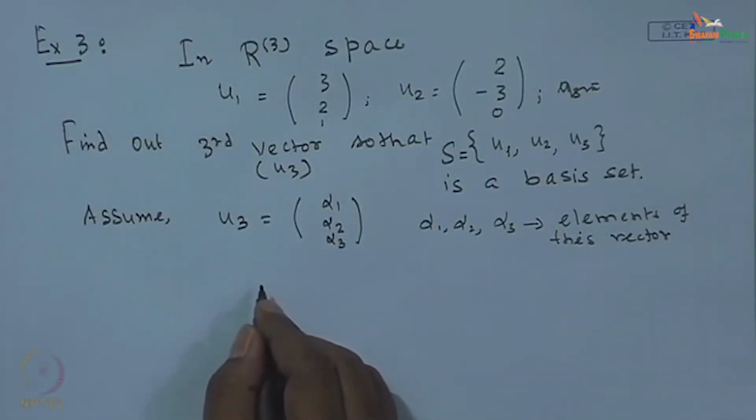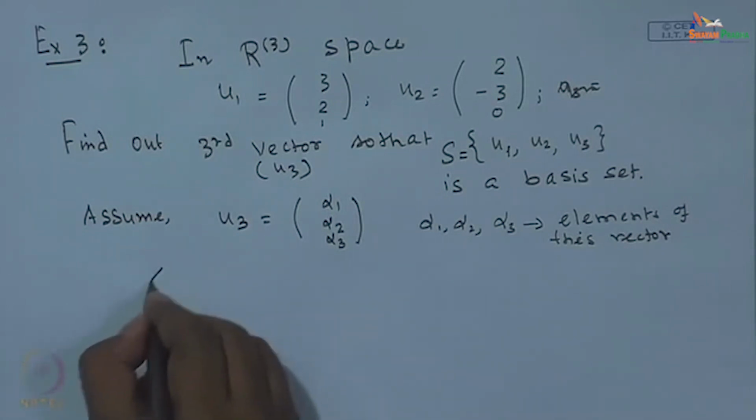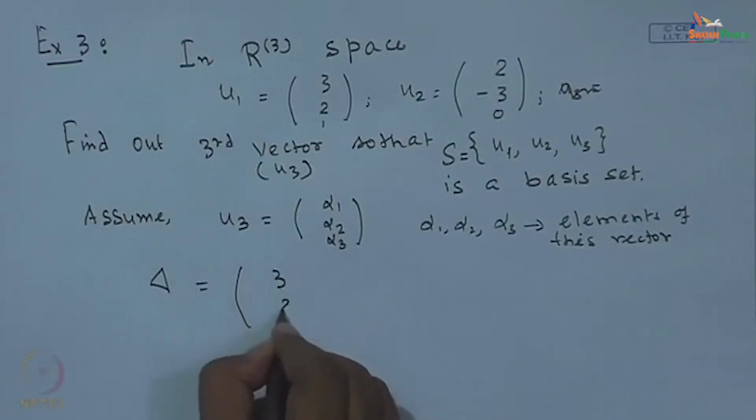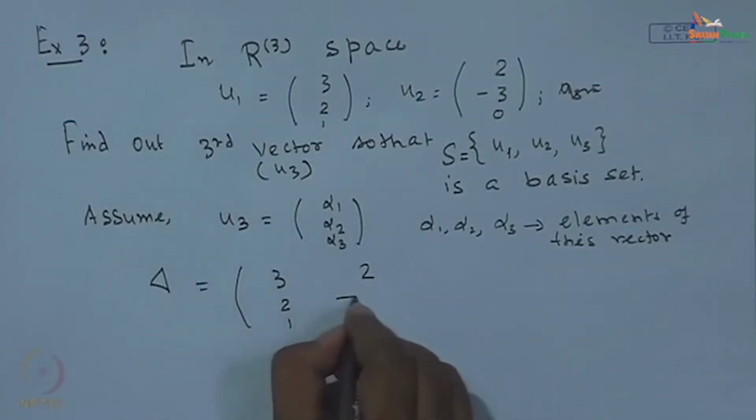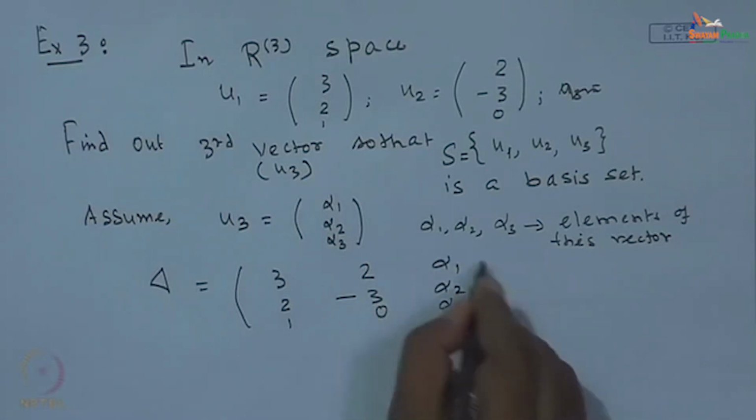If that is the case, then we constitute the corresponding determinant of this problem. This will be 3, 2, 1, 2, minus 3, 0, alpha 1, alpha 2, alpha 3.